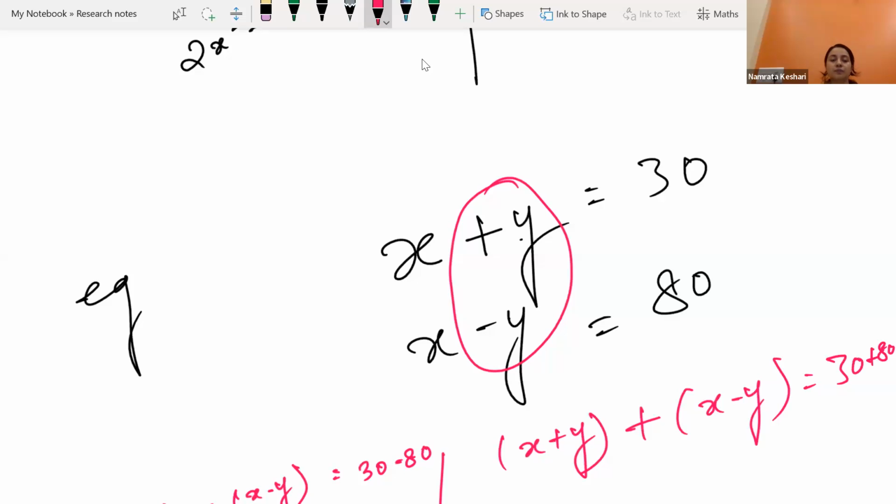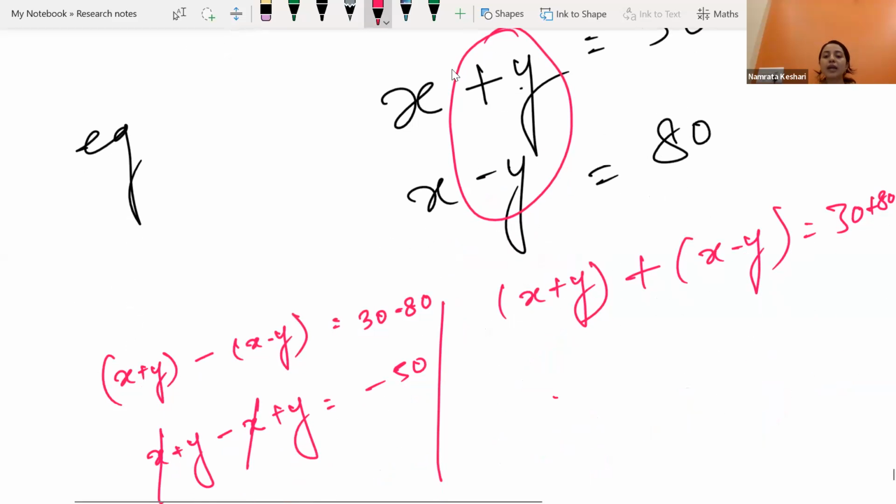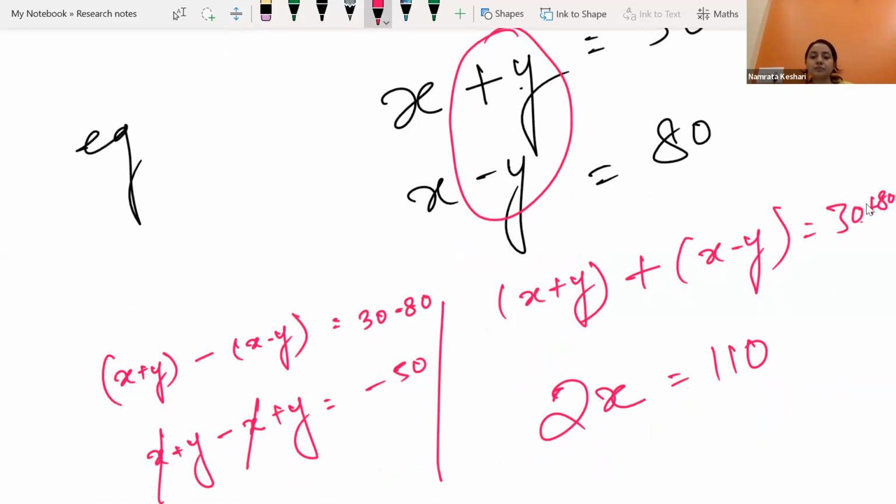If you open the bracket, you will be left with 2x and 100. So from here directly we are getting the answer. This is method 1, this is method 2. Are you getting it?